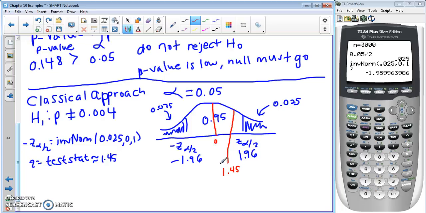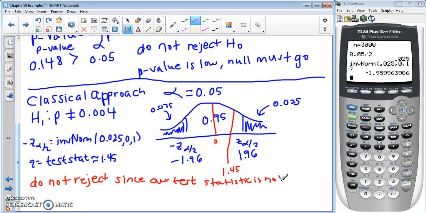So since our test statistic does not fall in the critical region, that means we do not reject. We reject when the test statistic falls in the critical region. So we do not reject since our test statistic is not in the critical region.